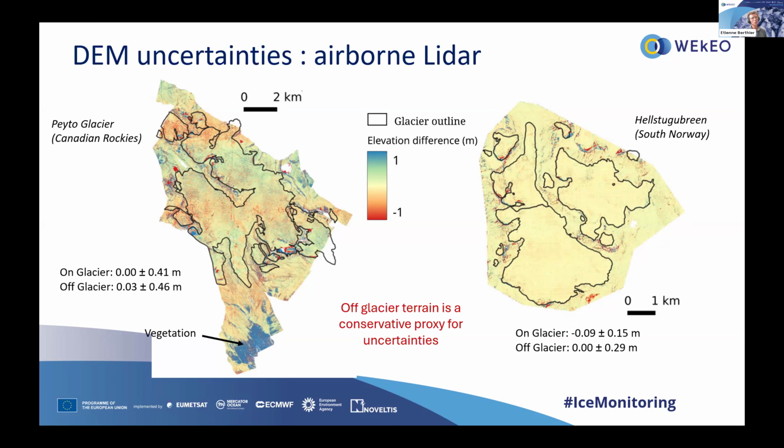And very interestingly, we show that the off-glacier terrain is a conservative proxy for the uncertainty. It's important for us because usually you don't have LiDAR data at the same time as your satellite data. So it means that we can use the stable terrain around the glacier as a proxy for uncertainty and propagate this to the glacier terrain.